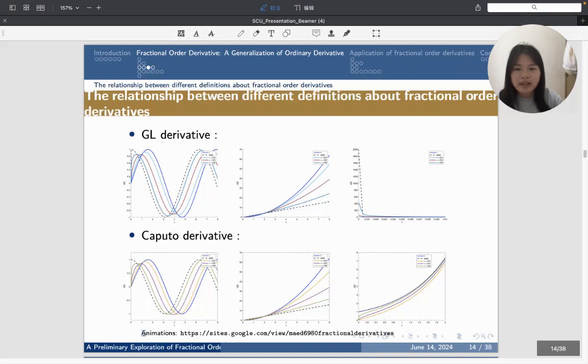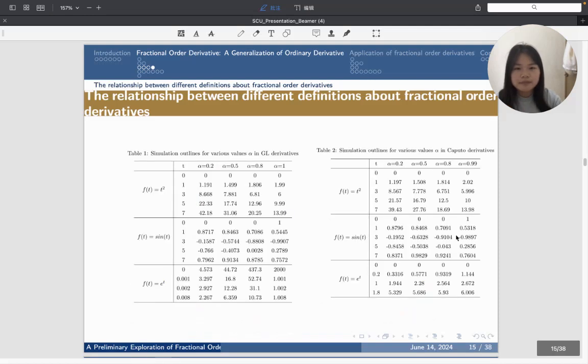Here I also present animations on this website, where some notation of these derivatives in different fractional orders can be seen. There are also some numerical results presented in tables in my paper.